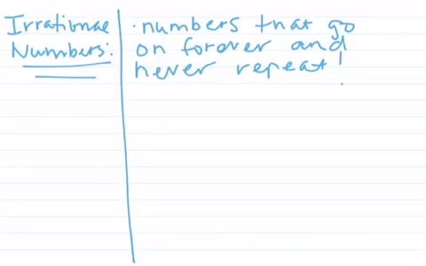I told you that pi is probably the most common example, but a lot of times we use 3.14 for pi, okay? That is not exactly pi. I just want to bring this to your attention. Pi is actually a decimal that continues forever and doesn't repeat.